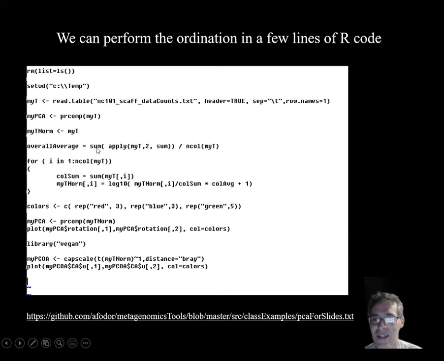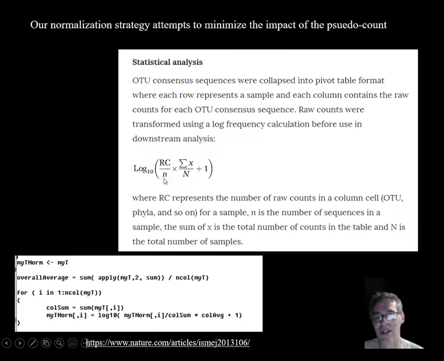In terms of this normalization that we performed, this is log normalization. This is a normalization that my lab tends to use that not very many other people in the literature use. As we talked about when we discussed compositionality, there are all kinds of different normalization schemes. This is the one that I like to use, and it tries to make the pseudo count work equally on all the samples.